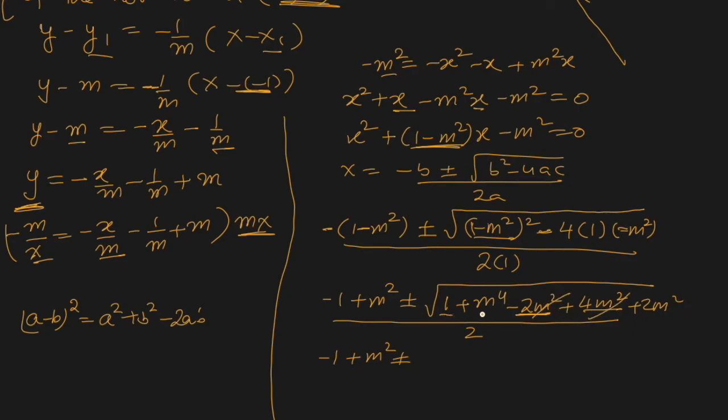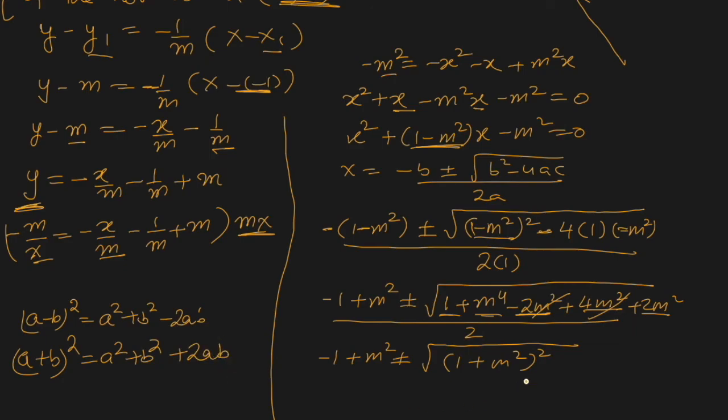So if you see, 1 plus m square plus 2m square is again the perfect square of 1 plus m square. If you look at these three by this format, a plus b square equal to a square plus b square plus 2ab. So cancel the square and square.